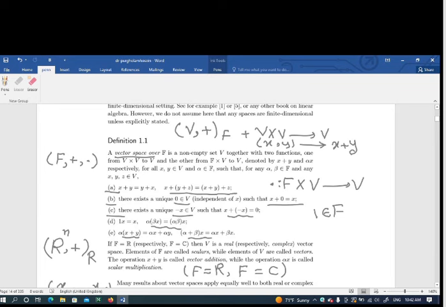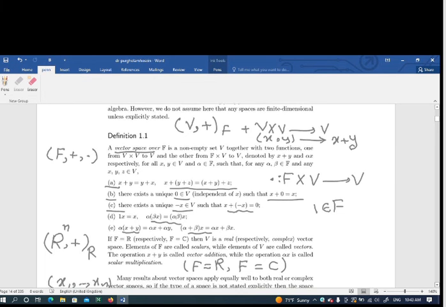And there are other properties for scalar multiplication, like 1 as the identity of multiplication in field F, 1 times x equals x, and the other properties you see.